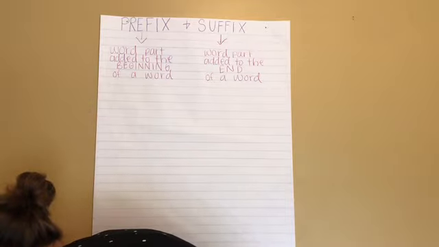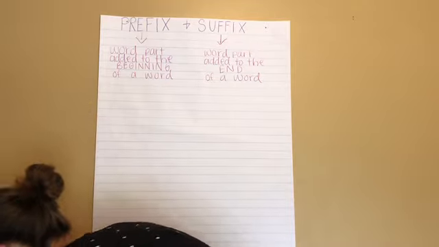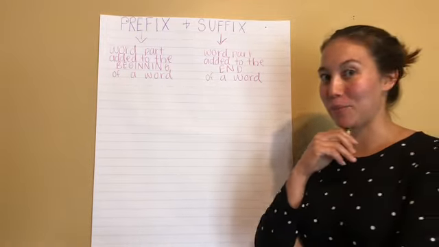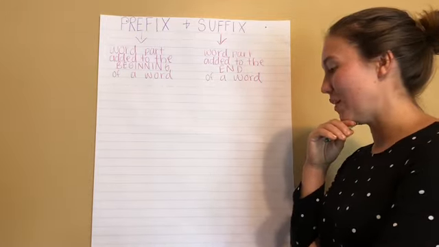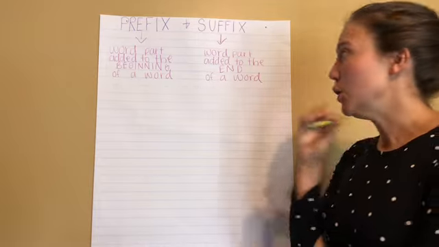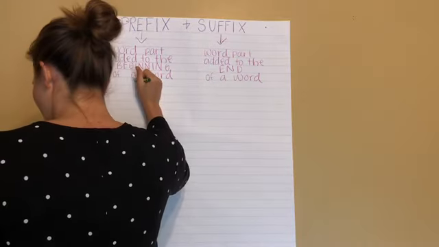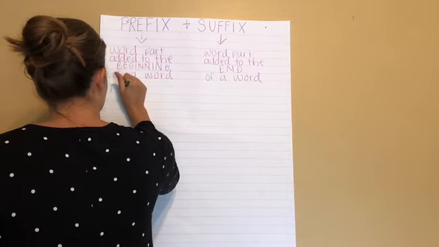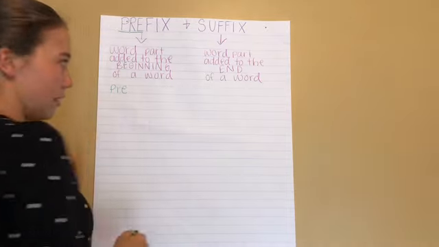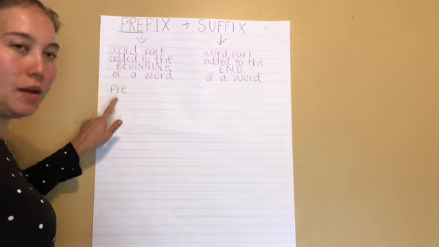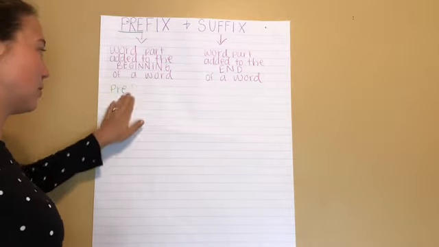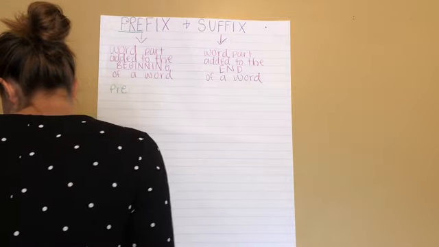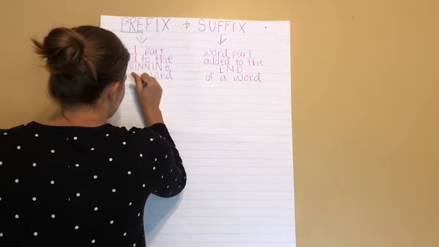All right, now the next part is to identify a prefix that we might already know. The first prefix that we might already know is pre. Do you notice it there? Pre is a prefix that we use in a lot of our words. An example of a word would be pre-wash.